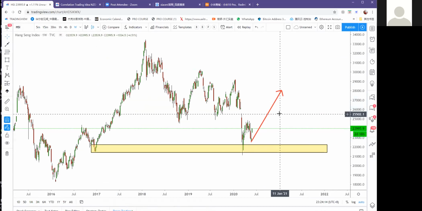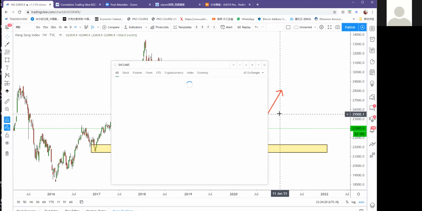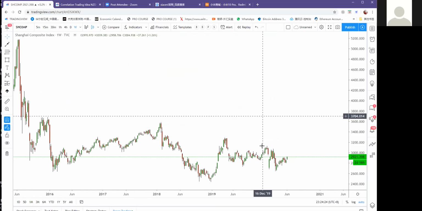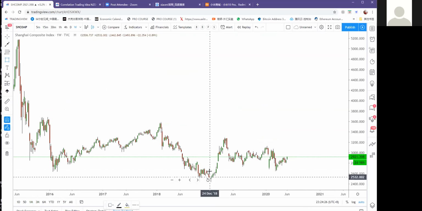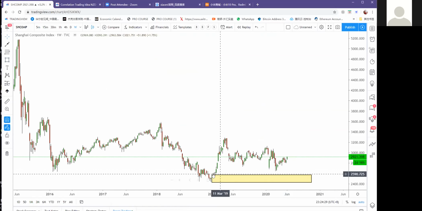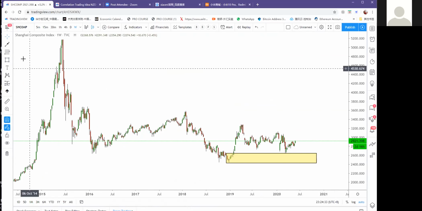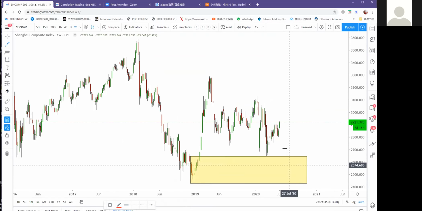I'm bearish on the US stock market, but I'm bullish on the China side, the Hang Seng and the Shanghai Composite. Shanghai Composite really makes a good bottom from 2006. So if you believe the China market will stay above 2006, go for it.